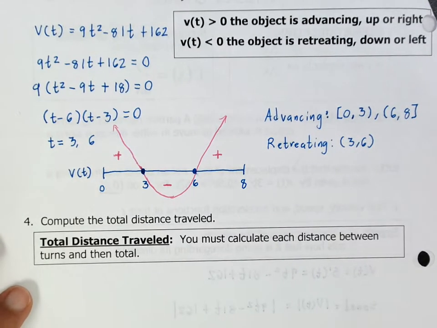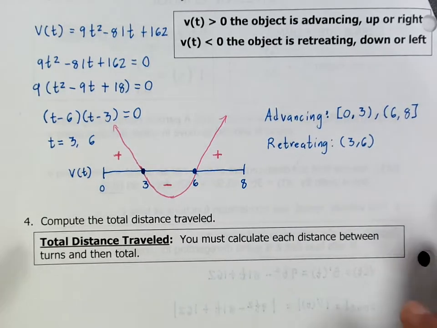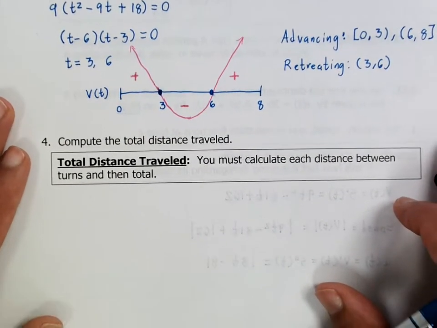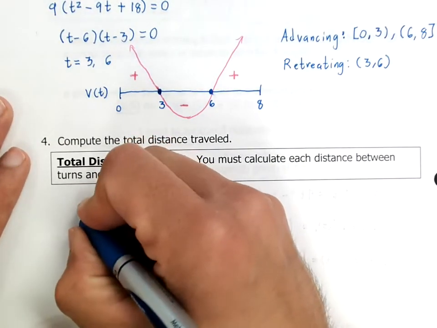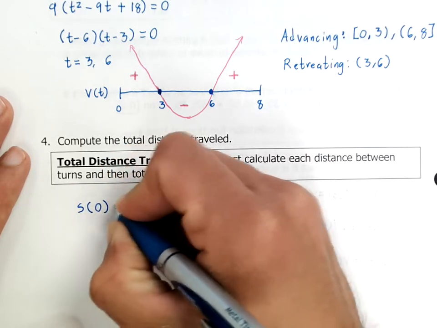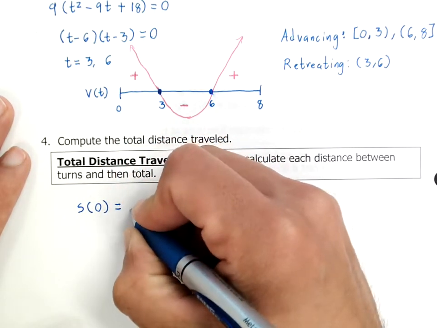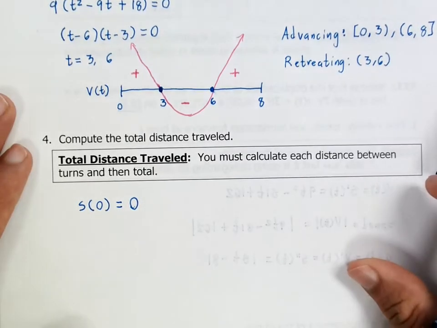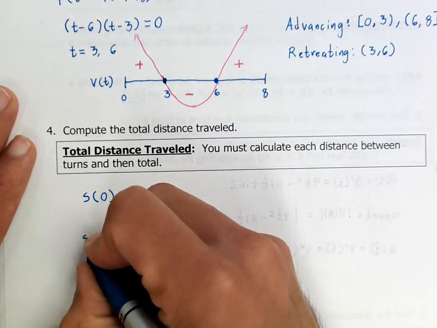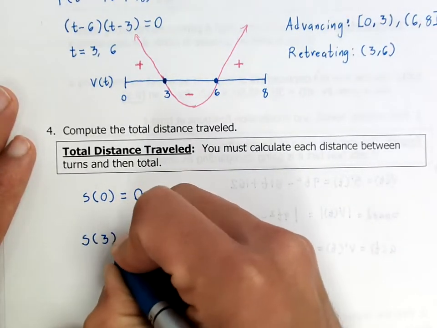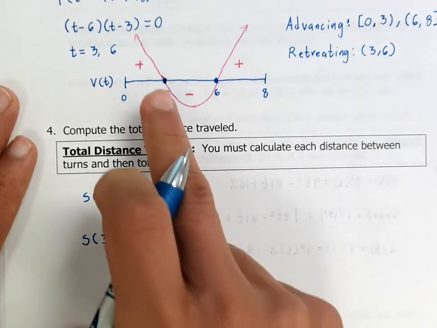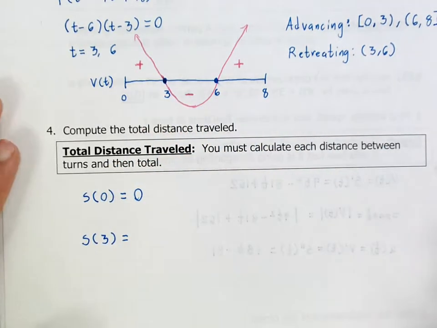Now the next part says compute the total distance traveled. So how you do that is that you're going to figure out the initial position, which we have already calculated was 0. And I have to figure out the position at 3. I'm also going to use 6 because remember, right there my velocity was 0, so it means that this object, whatever direction it was traveling, stopped right there.